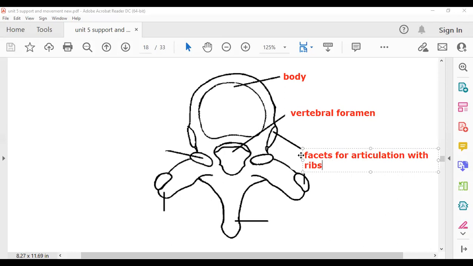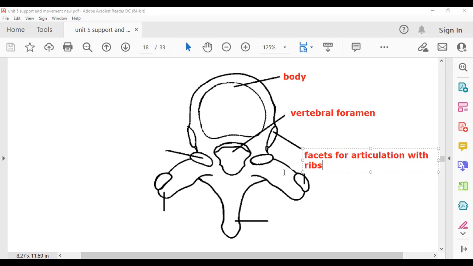Ribs. With whom do they articulate? With ribs. Using the facets for articulation with ribs, we can easily identify the thoracic vertebrae. Clear?